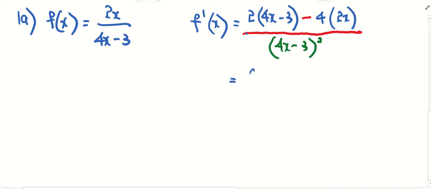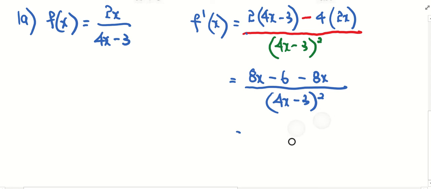I'm going to expand my numerator. And you get your 2 marks. Okay?